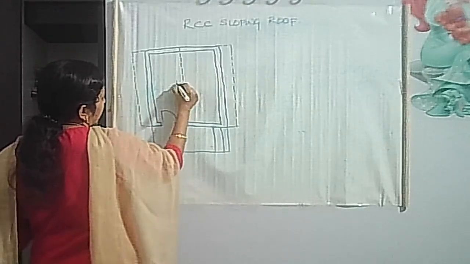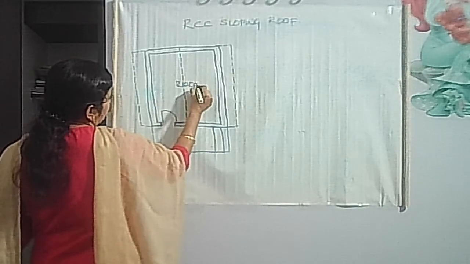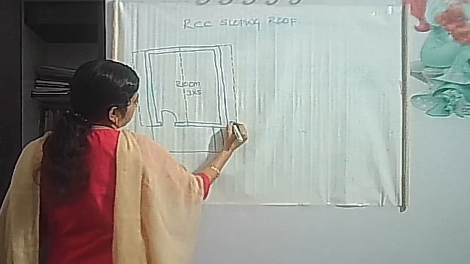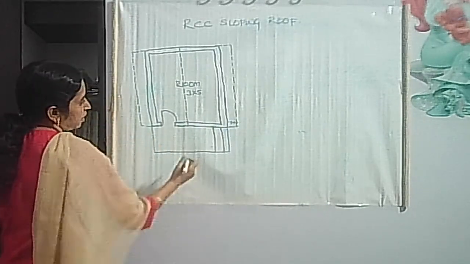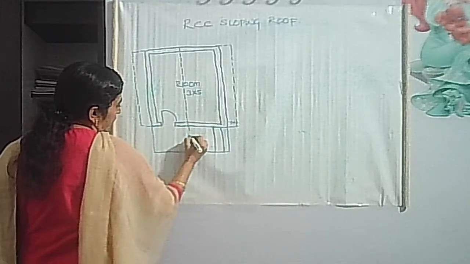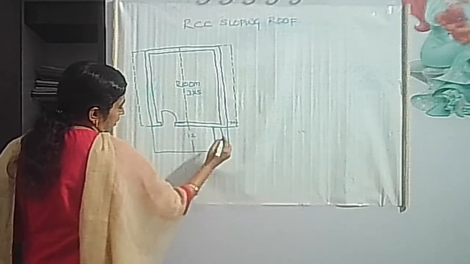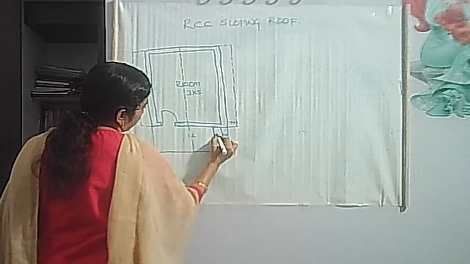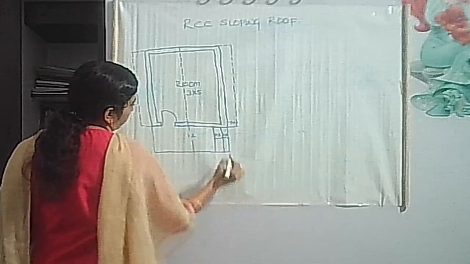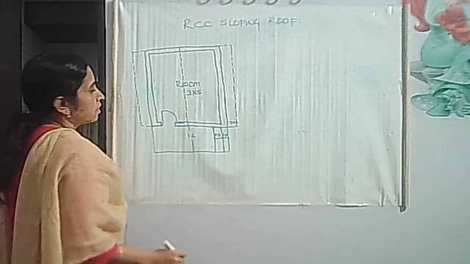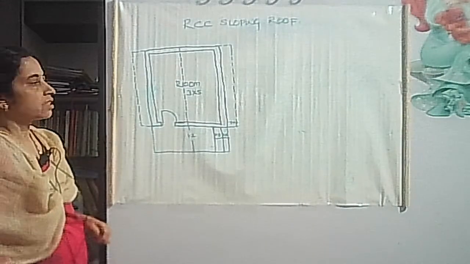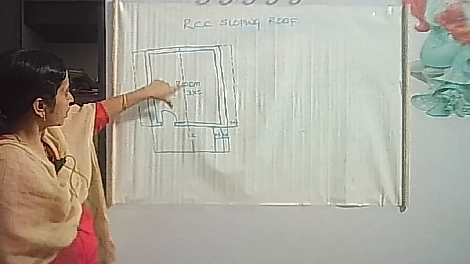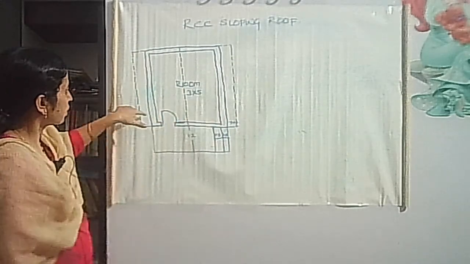So, the room measures 3 meter by 5 meter. This eaves projection is 0.6 meter, and this we can take 1.2 meter wide. These are the 2 treads of 0.3 meter, 0.3 meter. So, this is the single room building with a simple roof, that is, the ridge at the center, and you have the eave projection on both the sides.